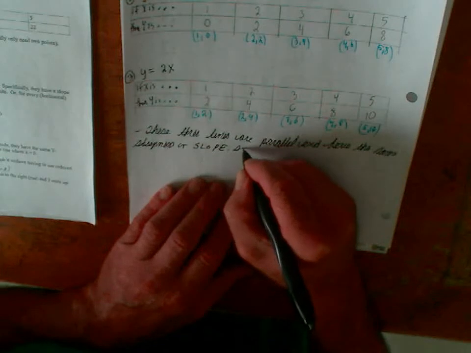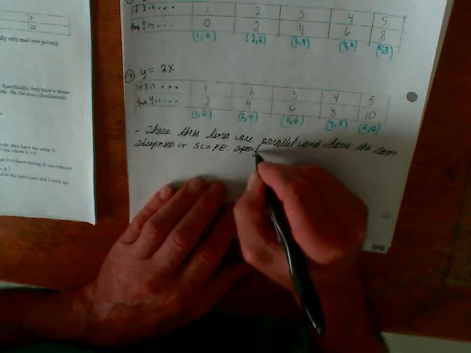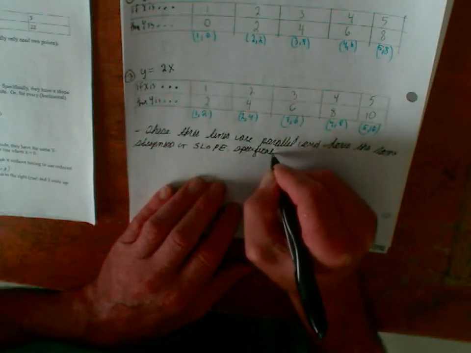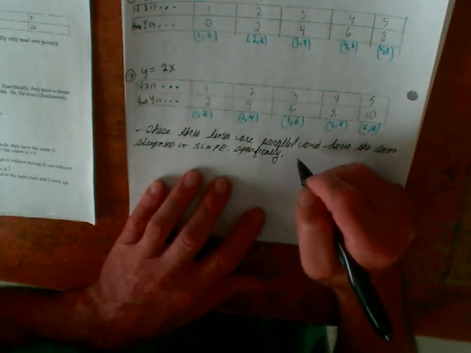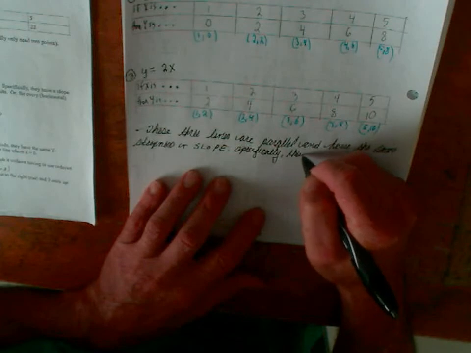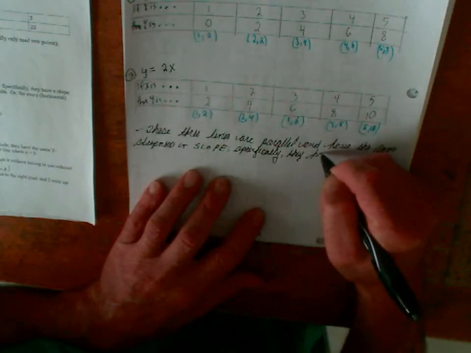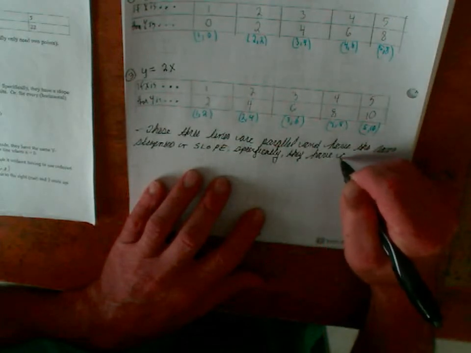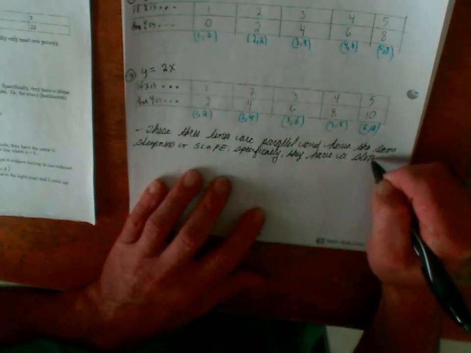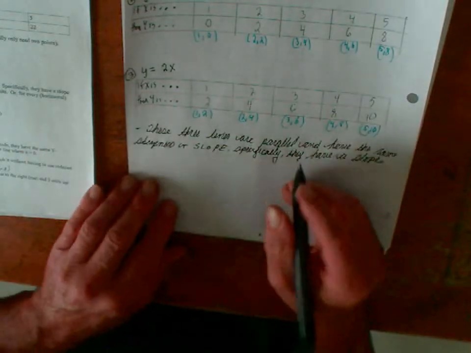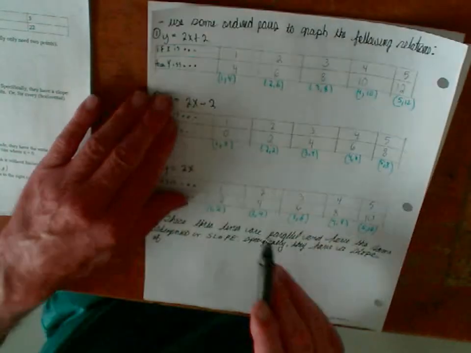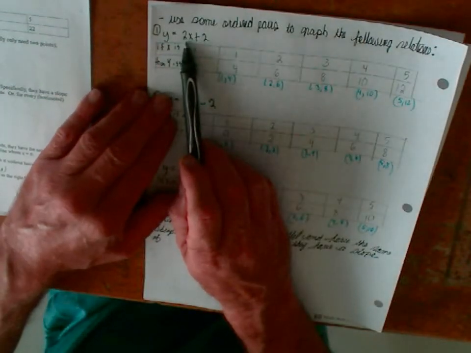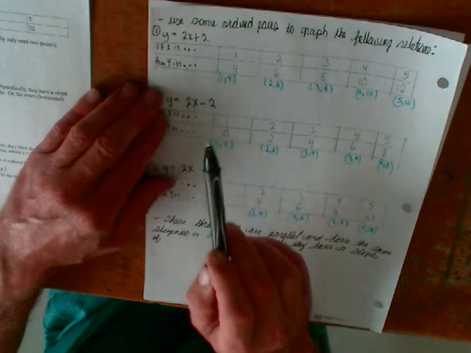The next sentence, specifically, comma, they have a slope of, look at these, what's the slope? The number in front of the x says the slope, 2, 2, and 2.